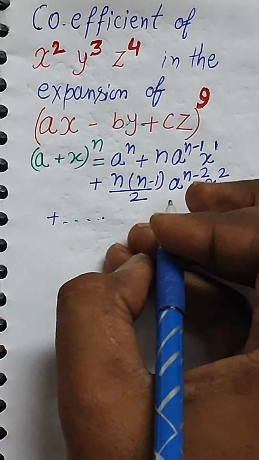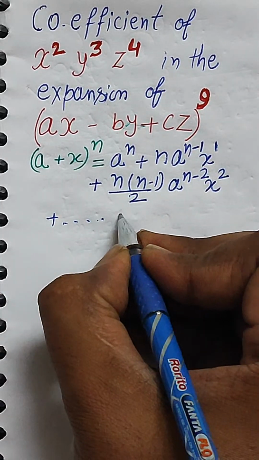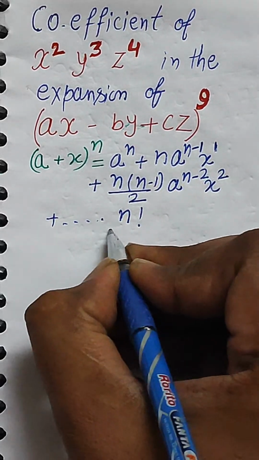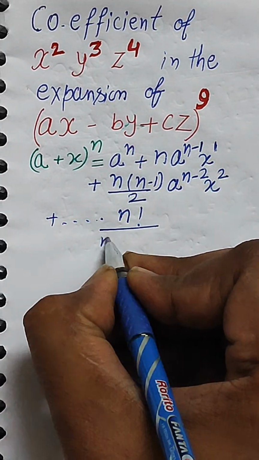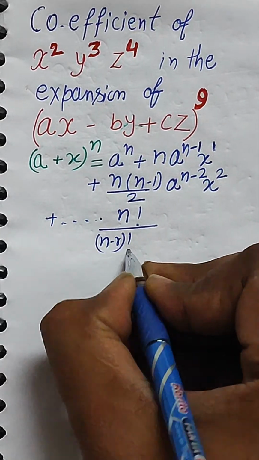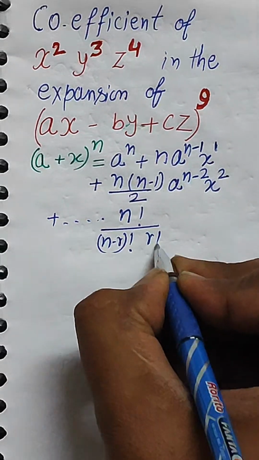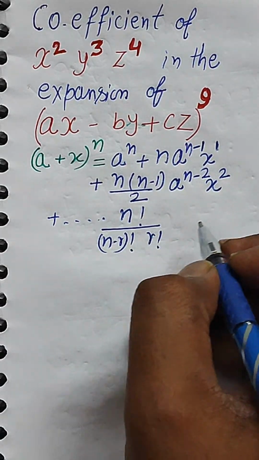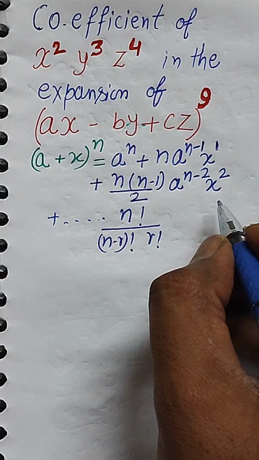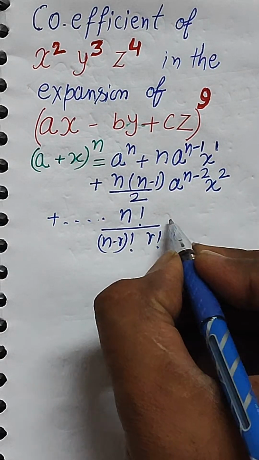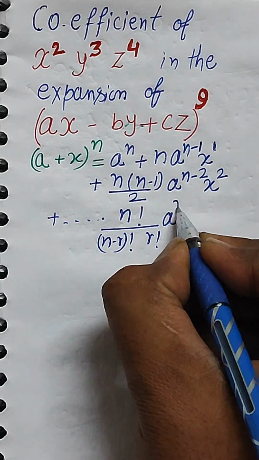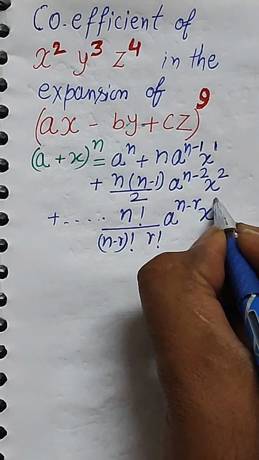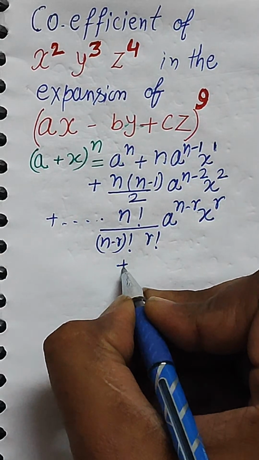So all this is expanded, and the general term is factorial n by factorial n minus r, factorial r, that is nCr. If you remember the nCr format, that combination, and a power n minus r and x power r, plus dot dot dot.